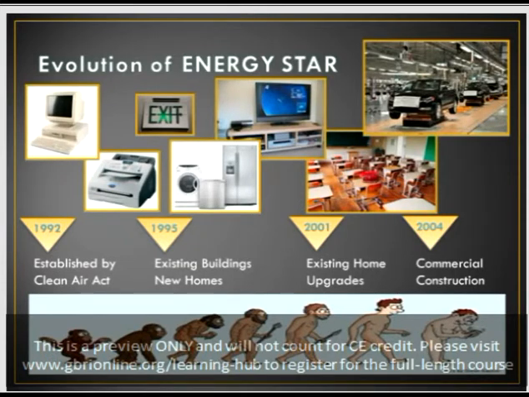And then over the next few years, they added some different, mostly small office-type equipment like printers and fax machines and exit signs, which I think came in right about 1995. Also in 1995 is when buildings came into play. So that's when the Energy Star New Home certification was developed. And they also had some certifications for existing commercial type buildings.